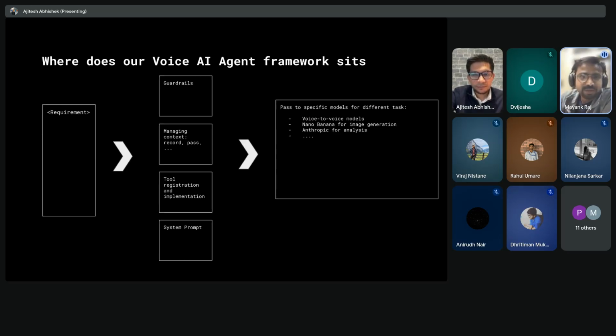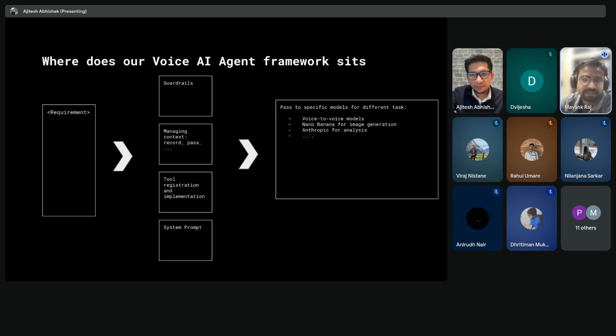All right, moving on. In our case, there are certain things that this voice agent stack is doing behind the scenes, and this slide represents the components it's using. When you write a system prompt, or the requirements on the left side of this edit scenario, we have to generate some system prompts. We have to figure out which tools we should be using and how to attach them.